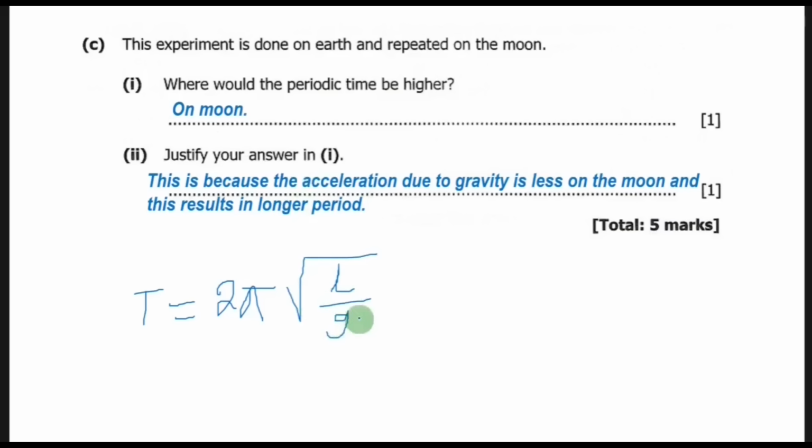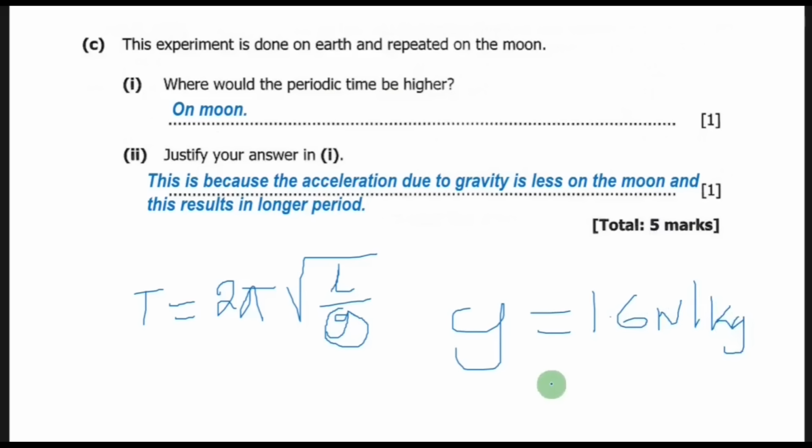On the moon, the acceleration due to gravity is small compared to Earth. G on the moon is about 1.6 Newton per kilogram, but on Earth it is 10 Newton per kilogram. So you notice that it is bigger.